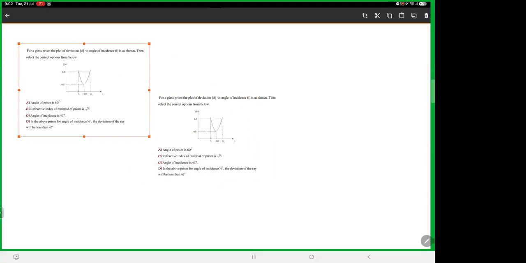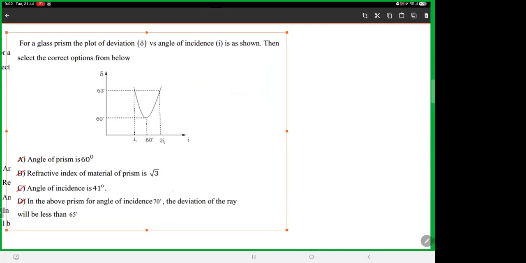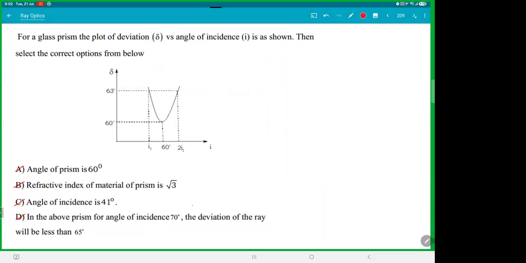Now, if you take it a little further, this would have been an advanced question. Options are, let's give it a try.